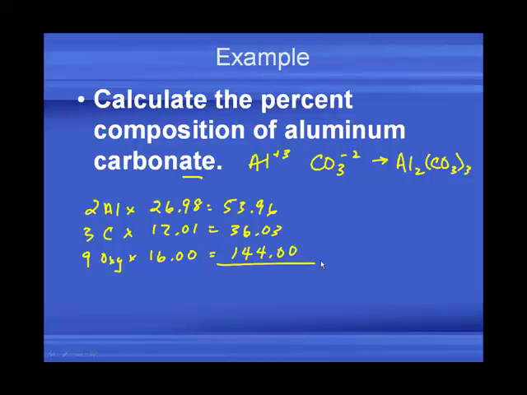Add these all together, and I get a total mass of 233.99 for the total grams per mole for aluminum carbonate. And then all I have to do is take that 233.99 and divide it by each of the parts.